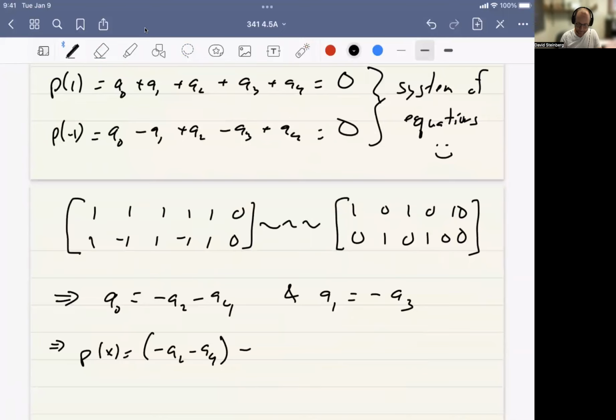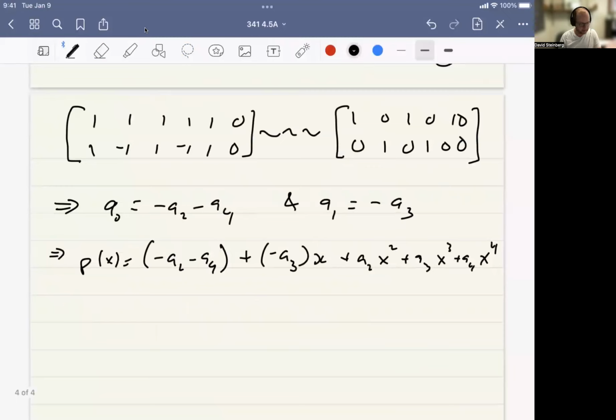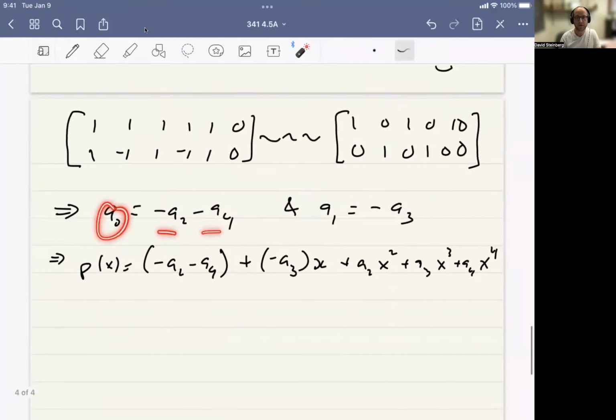And then our a1x is secretly minus a3x, and then plus a2x squared plus a3x cubed plus a4x to the fourth. Since we're thinking of the a's as the variables here, those are the ones that determine what the polynomial does. Let's regroup in terms of the a's.